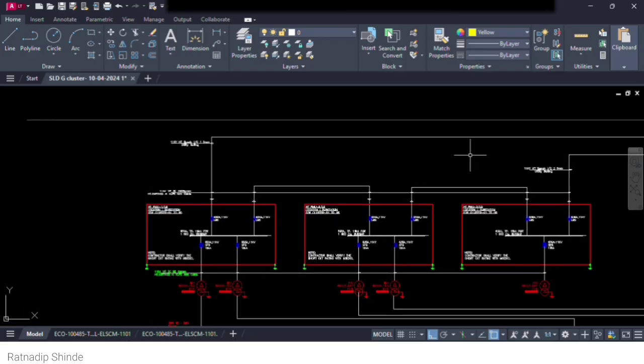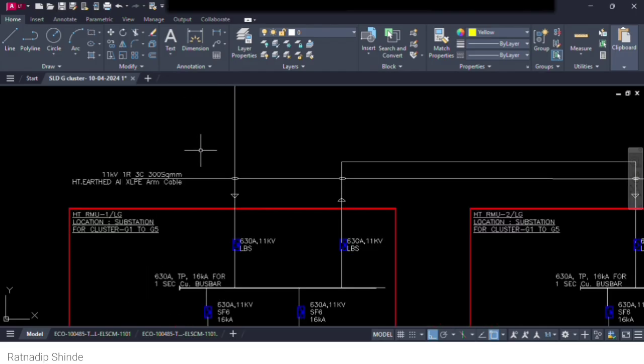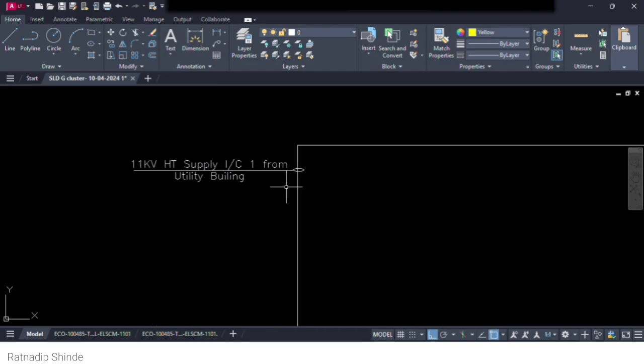Okay, so you can see that at two different locations the source supply is taken and given. Here is the incoming supply, and this is another incoming supply, at two different locations, and now it forms the ring. This is the supply incoming from the source.